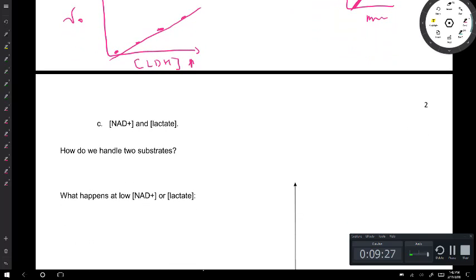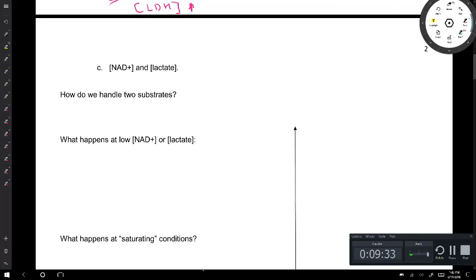The other thing that matters is the concentration of the substrates and the cofactors, so in our case NAD+ and lactate. With Michaelis-Menten kinetics, and this is a little bit simplistic, we're measuring the affinity, or the ability of an enzyme to catalyze a reaction using its substrates.